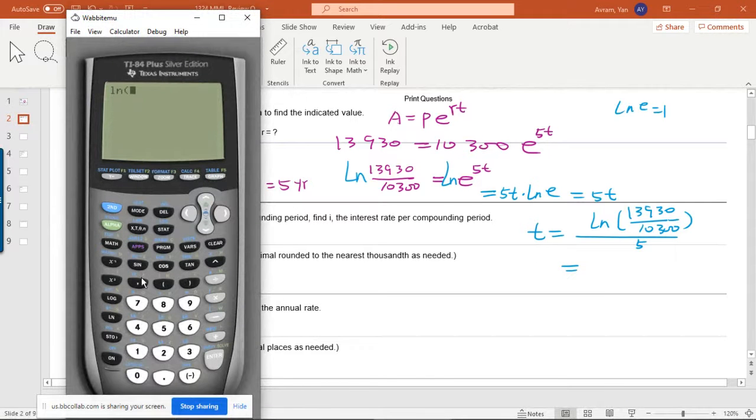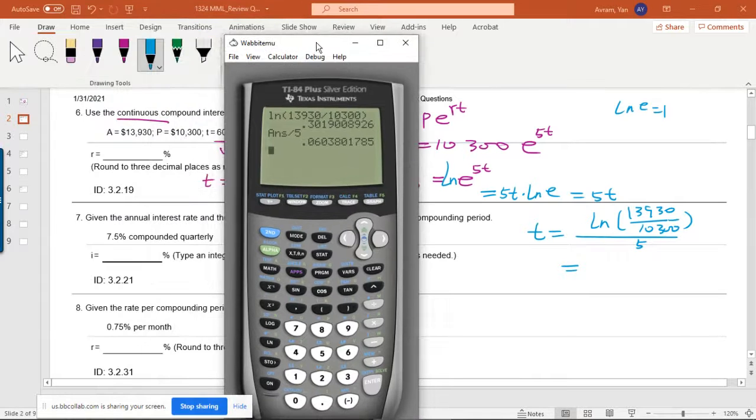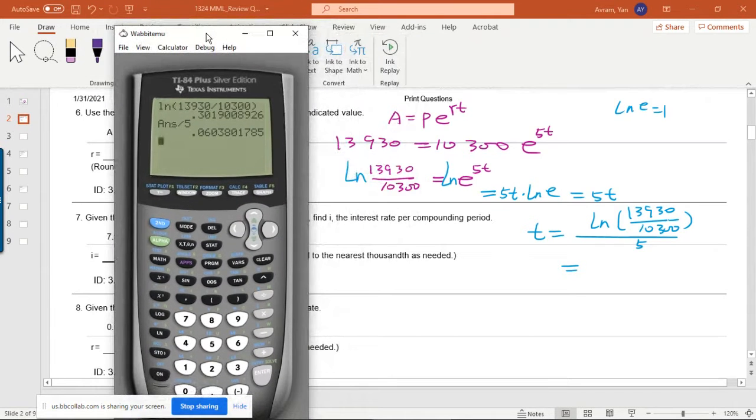All right, so this is ln of 13930 divided by 10300. If you want, you can go ahead and calculate this one first and then divide it by 5. That makes it easier.